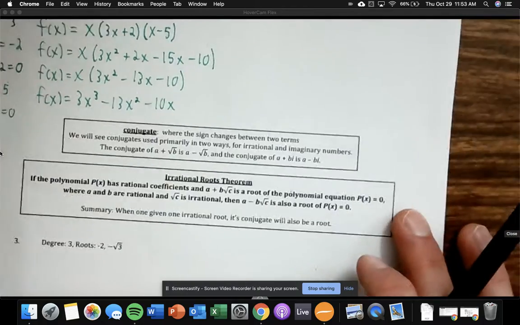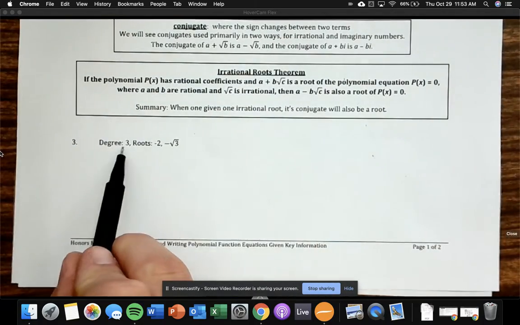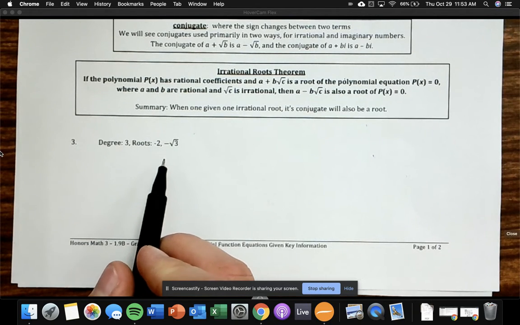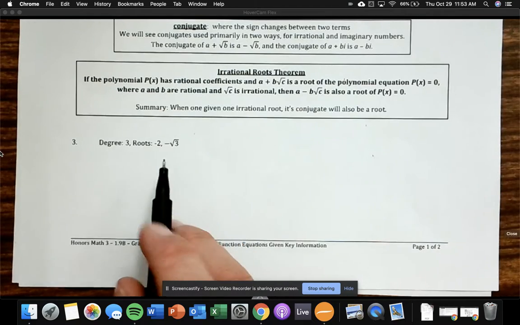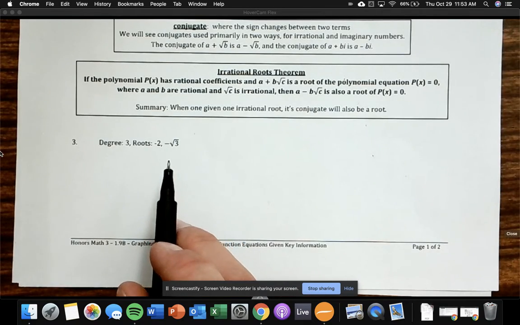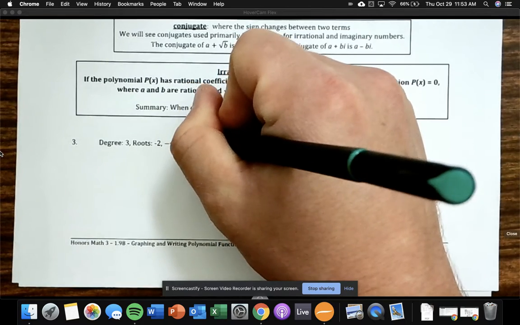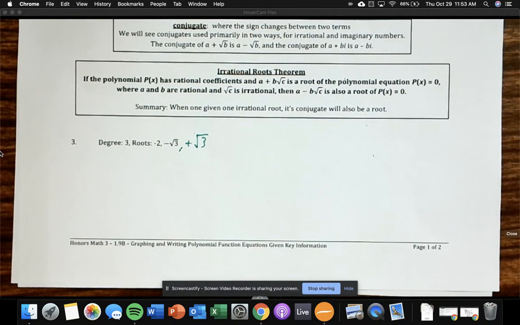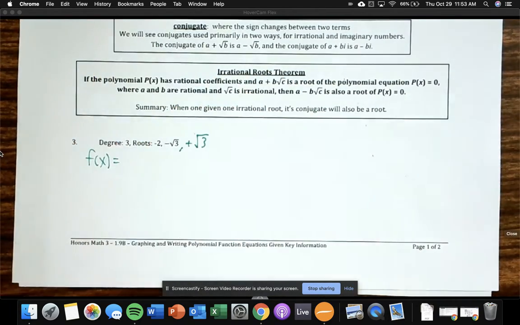So for example, number 3 here, we're given that the function is a degree of 3, but it only gives us 2 roots. But given the irrational roots theorem, we know that if negative square root 3 is a root, then positive square root of 3 is also a root. Then all we have to do is write these roots in their factor form.